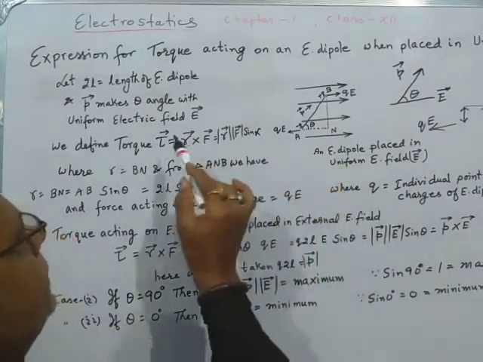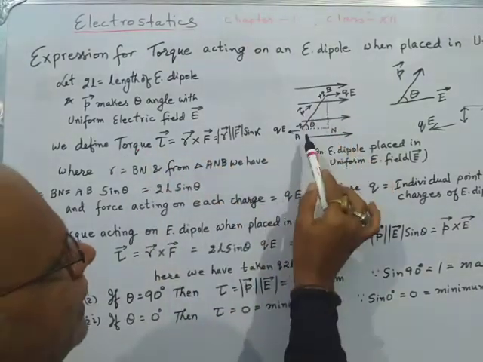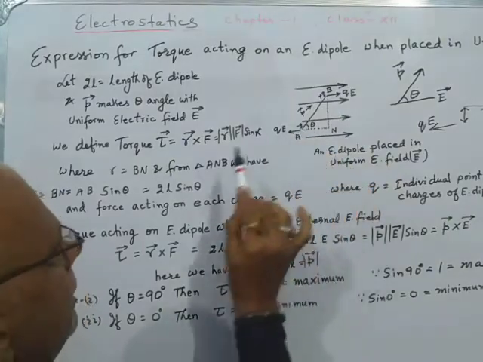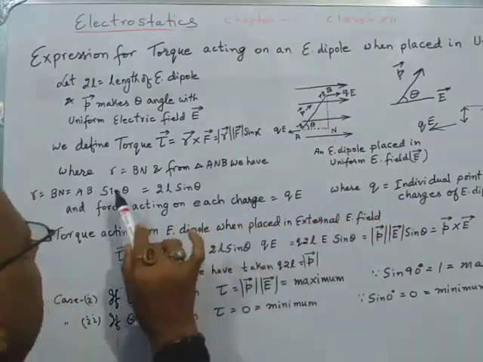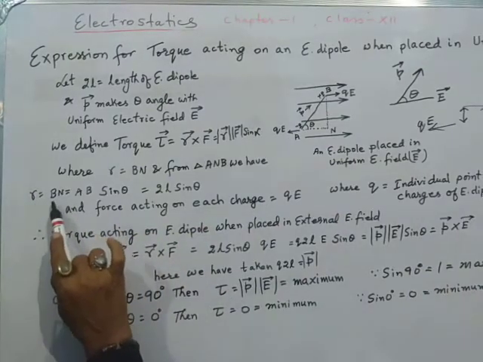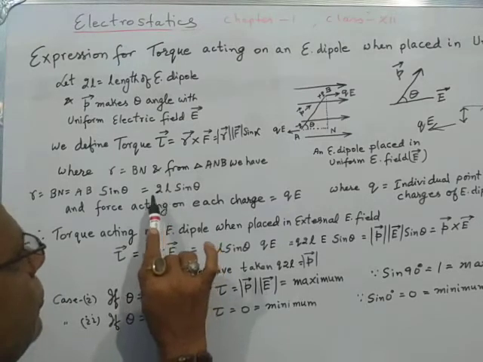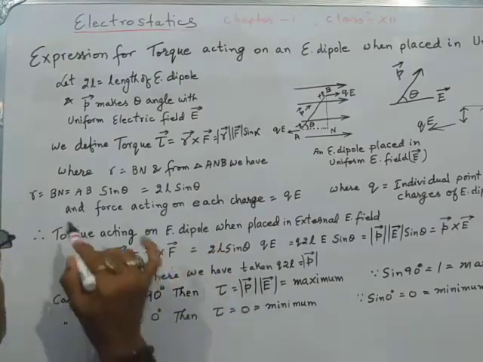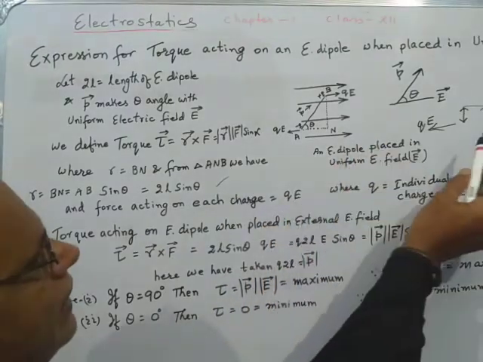So sin theta equals BN upon 2L, and therefore BN, which is R, is equal to AB sin theta, that is 2L sin theta. That means we have found the value of R, and we have found the value of F.